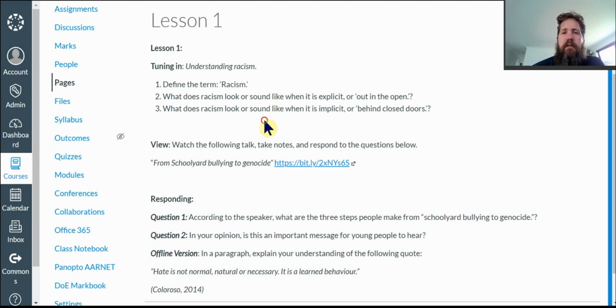Implicit racism might be exclusion, it might be non-verbal, a look or a glance or an action that conveys an idea of racism. So have a think about what that might look like or feel like, or go back through your memory and recount your understanding of explicit and implicit racism.